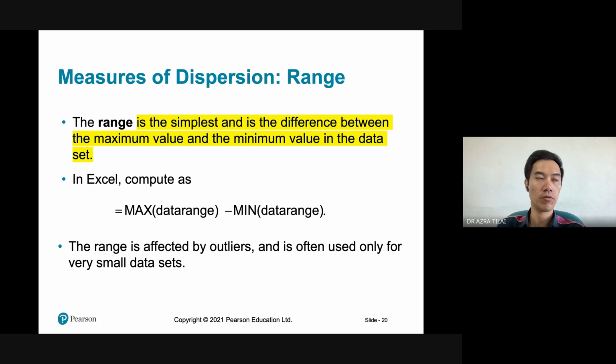We went through this, and I've shown you how to use maximum value, how to find it from the data, and minimum. When you subtract these two, you will find the range, which is affected by the outlier, and it is often used only for very small data sets.